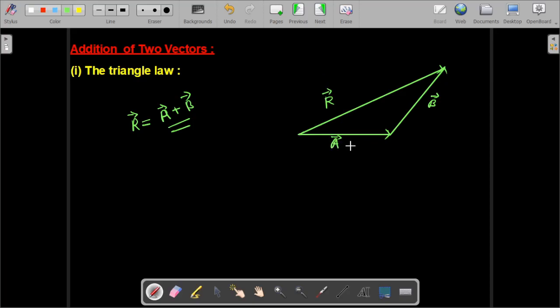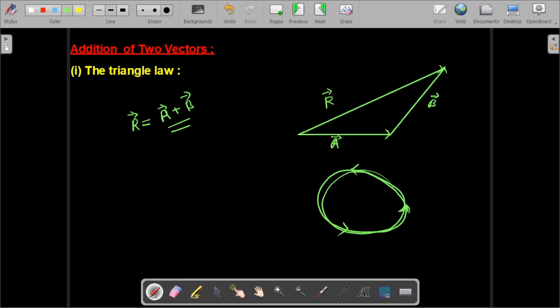Keep in mind, if we compare this vector system with a rotating system, suppose these two vectors are going in the same direction.